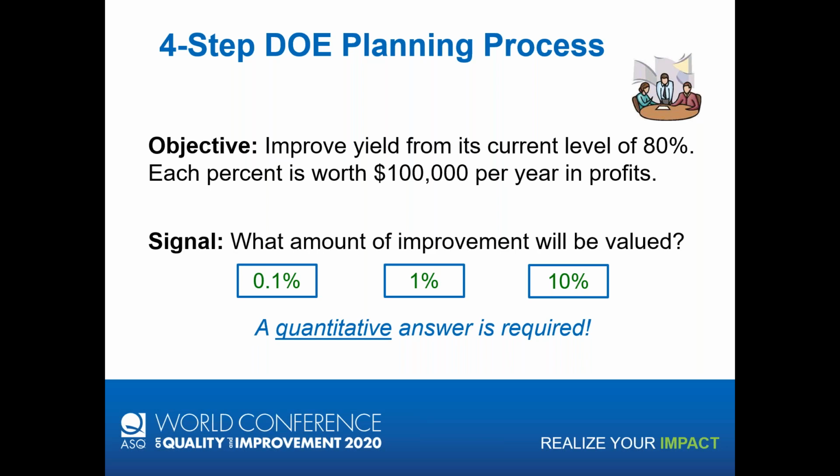Your signal to noise ratio is going to be really, really small, and it's going to take a lot of runs to find it. So the value of that is not good. You have to think about what's the smallest change in yield that I want to spend money to find. So it's a trade-off.